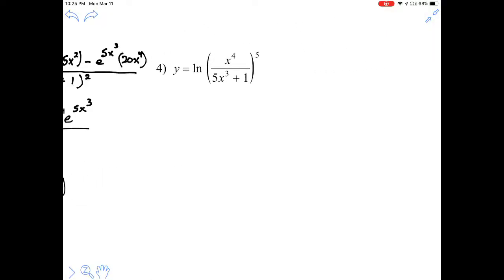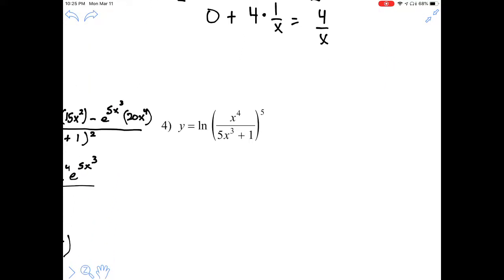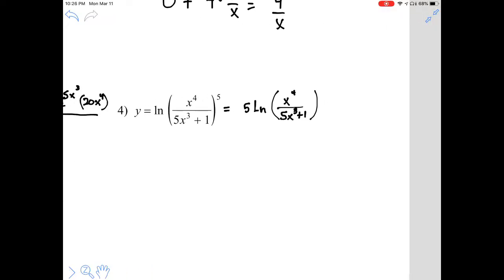Question number 4 is definitely one, much like we did here in question 2. We're going to expand this natural log. So first I'm going to move that 5 in front and write it as 5 times the natural log of x to the 4th over that denominator. And then we can further expand that and use a subtraction sign.